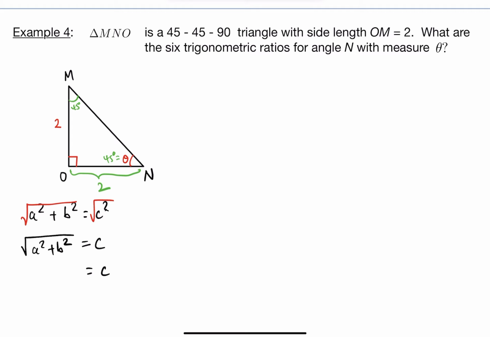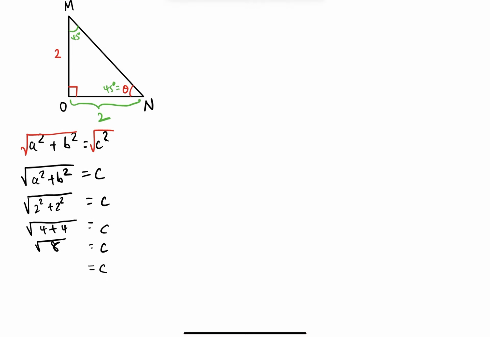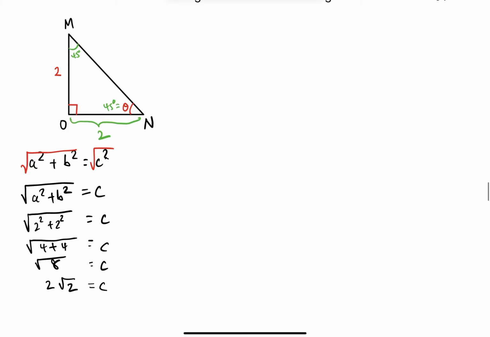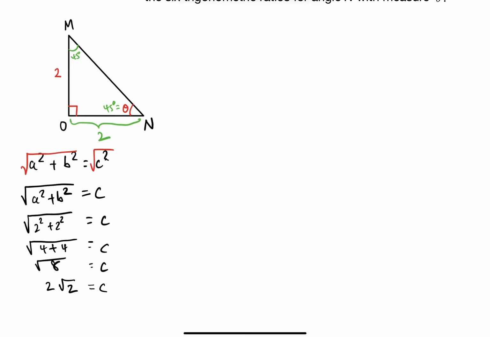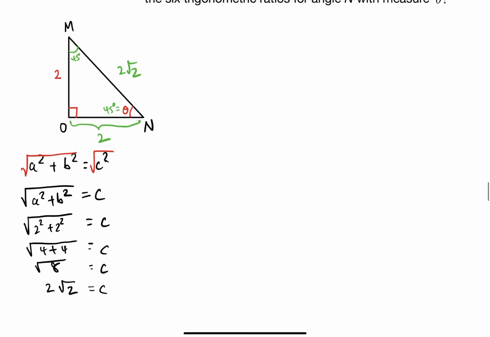It doesn't matter which is a or b because both are the same, so we plug that in: the square root of 2 squared plus 2 squared, which is the square root of 4 plus 4. So c is equal to the square root of 8, which simplifies to 2 square root of 2. So that is our c, and now we know that this length is 2 square root of 2.